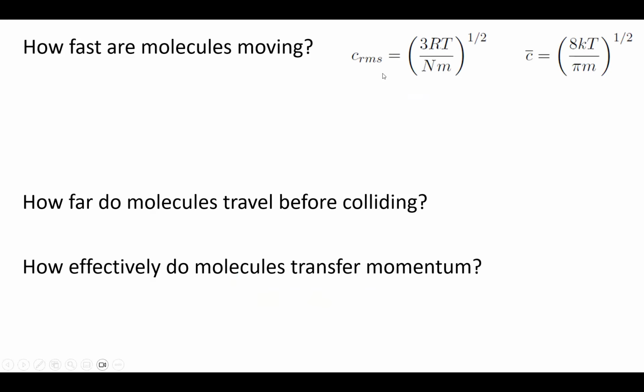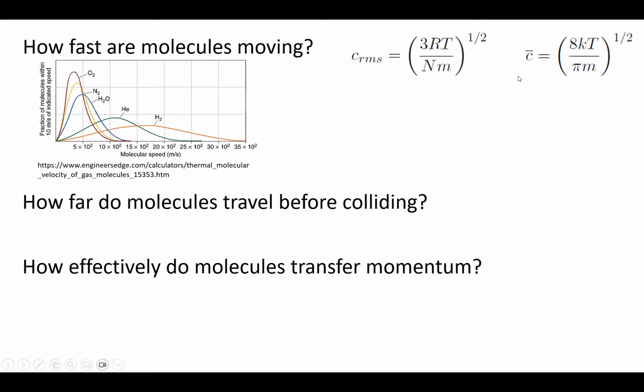I'm going to switch to paper in just a minute to show this idea of a root mean square speed. But we've defined a mean speed, C bar, and then we've defined this Maxwell-Boltzmann distribution. And we've said as the gas gets warmer, we shift towards faster speeds and a greater spread in those speeds.